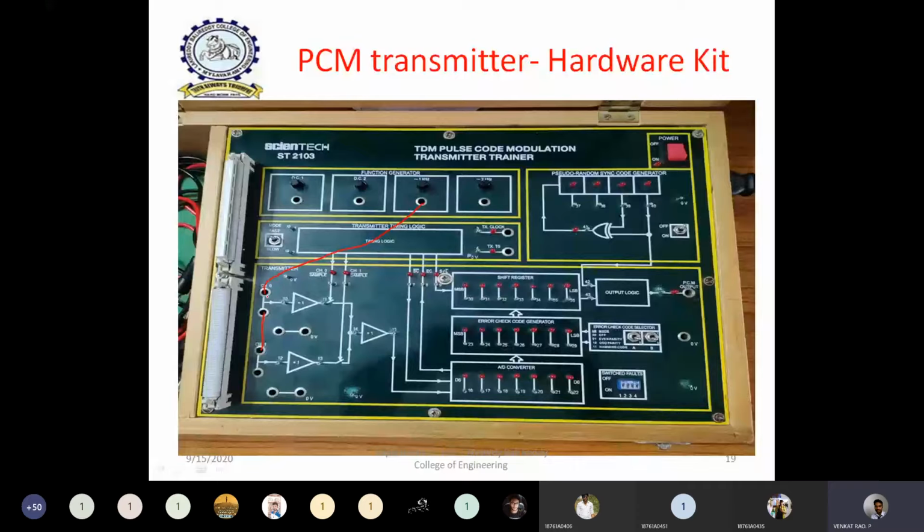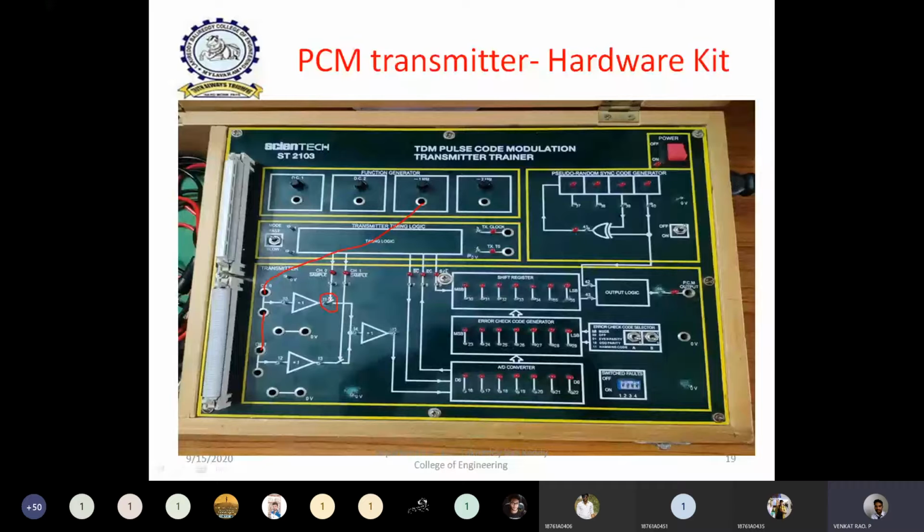Then carefully observe again, as in time division multiplexing, there is a clock or sampling clock here. At this point a clock signal is obtained, and based on this clock signal the input is sampled. This kind of switch is a sampling switch. Based on this switching operation, the analog signal is sampled at the clock pulse sampling rate.